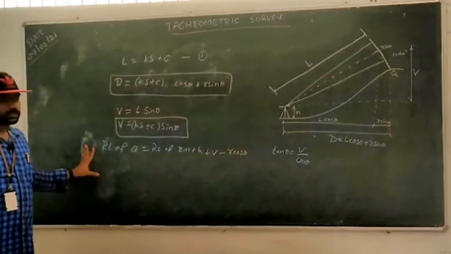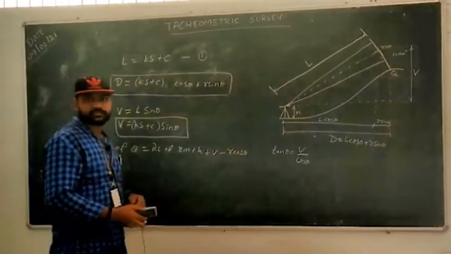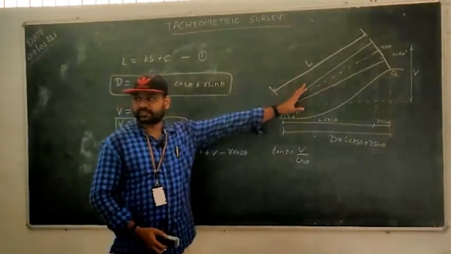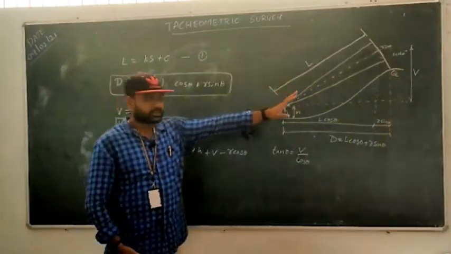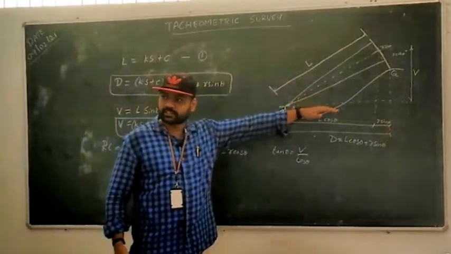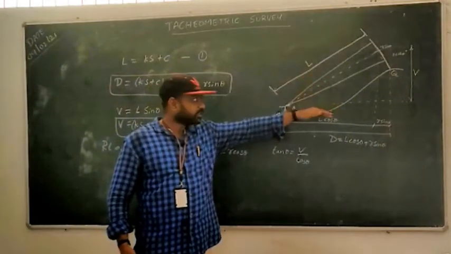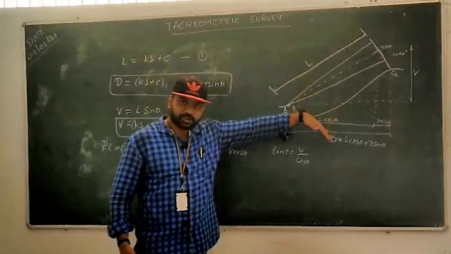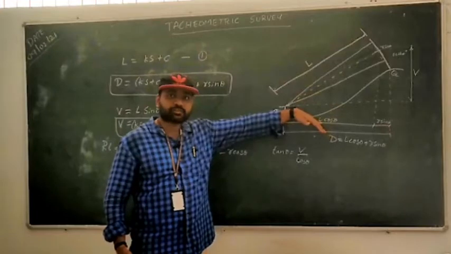Understood? And similarly, if you are going to keep depression, so this is elevation. You know the difference between depression and elevation, right? If you take an angle above the horizontal axis, that will become your elevation. If you take the below readings, meaning vertical angles below the horizontal axis, then it will be angle of depression.